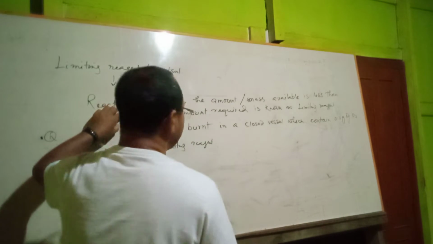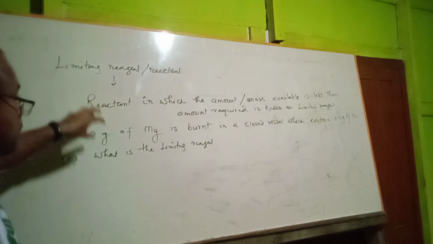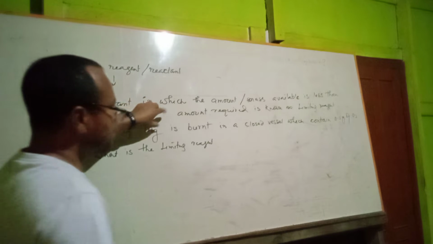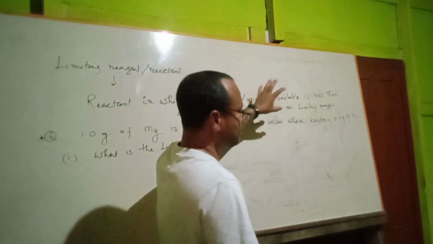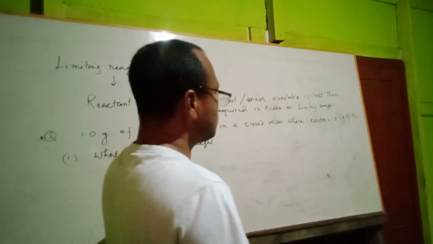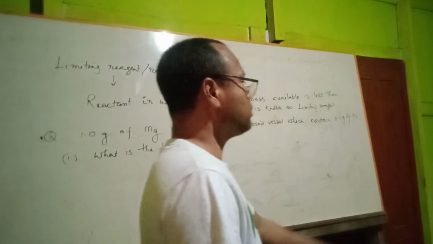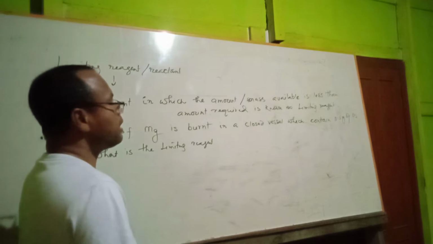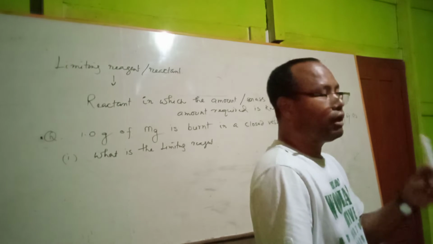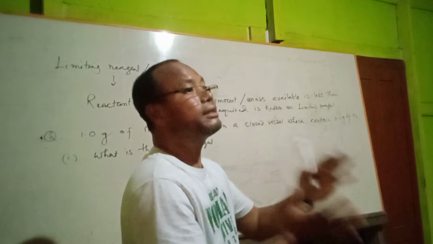Answer. The substances present in our chemical reactions are called reactants, right? The reactant whose available amount or mass is less than the amount required is known as the limiting reagent or limiting reactant. So we should understand that the reactants in a chemical reaction require some limited amount.